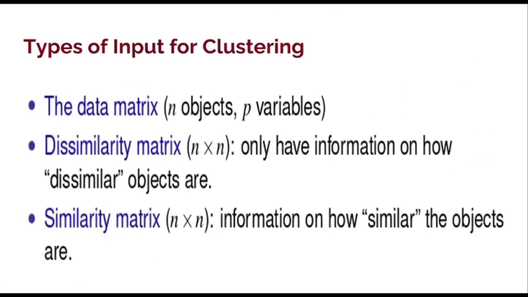For instance, I may be working with the crime variables and some states in the United States. So p is going to be the number of crime variables, and n, the object, is actually going to be states.